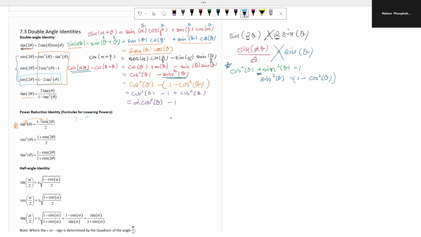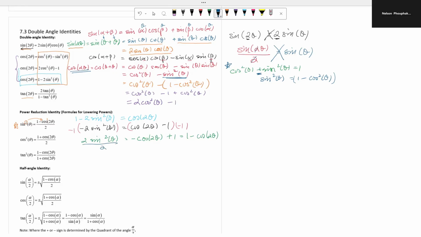So let's get it here first. If I have 1 minus 2 sine square theta, which is equal to cosine of 2 theta, and now we subtract 1 and multiply both sides by negative 1, then I will have 2 sine square theta equal to negative cosine of 2 theta plus 1, or 1 minus cosine 2 theta.